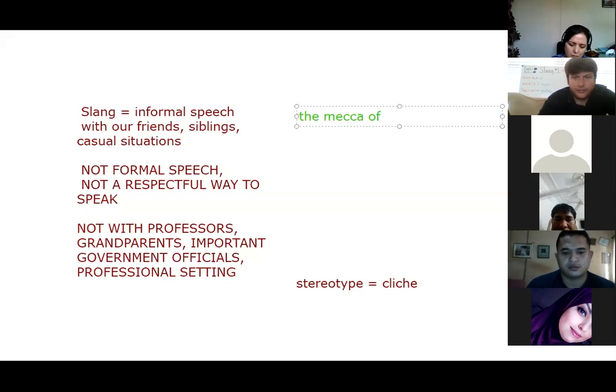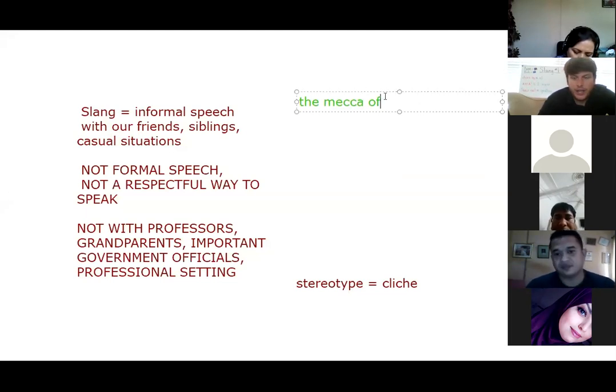So we have this phrase, the Mecca of something. This is interesting. Obviously, Mecca, as I explained earlier, is the most important religious destination for Muslims in the world. So in English, the phrase "the Mecca of" just means the best.